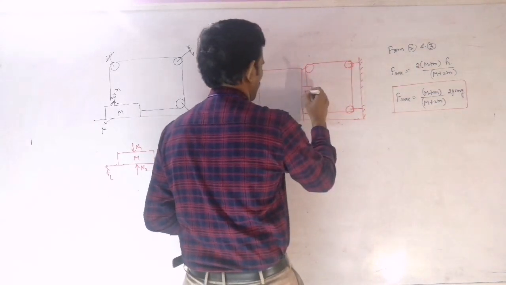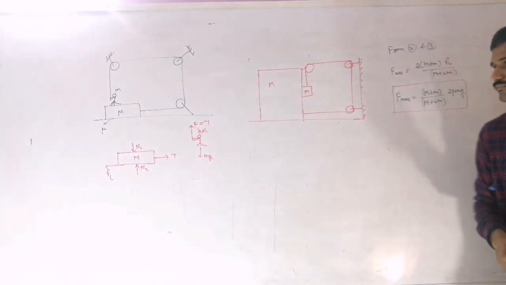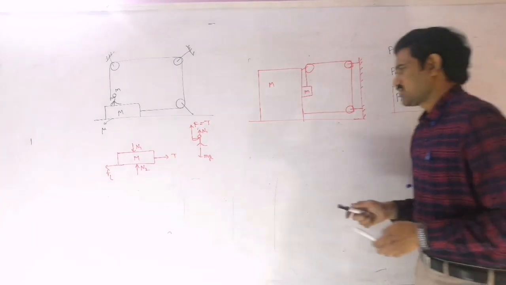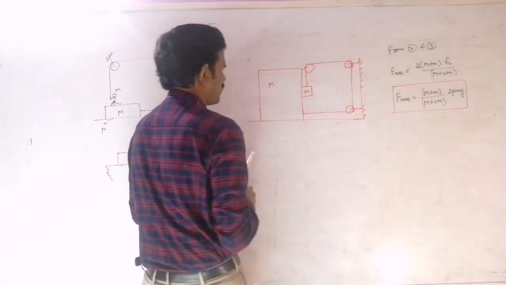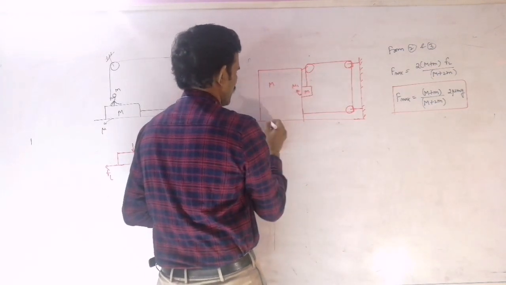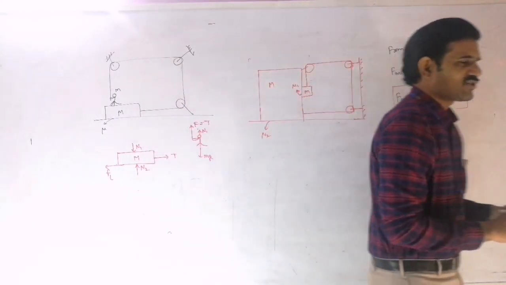So this is small m and capital M. Now we need to find the acceleration of the blocks. Here the coefficient of friction, let us take it as mu 1, and I am taking this as mu 2.